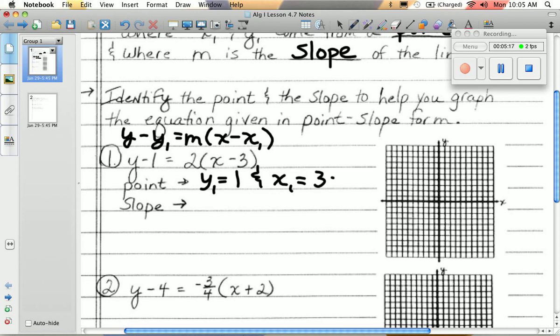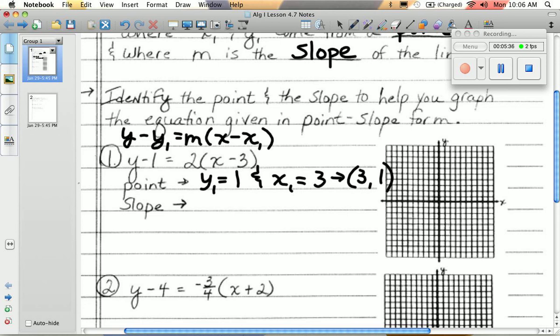So we really have here ordered pair, not 1, 3, but 3, 1. You've got to be careful. We actually have ordered pair 3, 1. We have a point that's on that line right there. So that would be our starting point for graphing it.